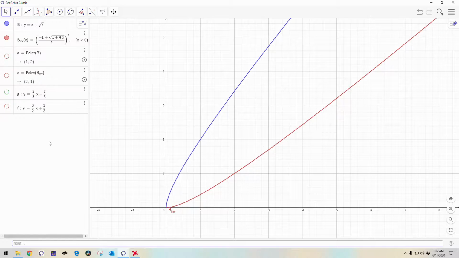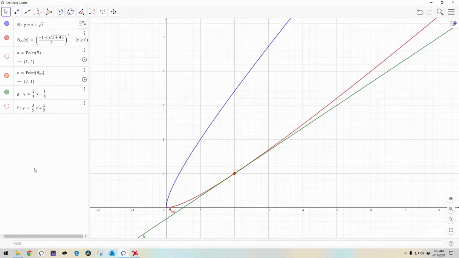Now, of course, the point we talked about was we wanted the derivative of the inverse function when x is 2. So that's this point right here. I would like to know the derivative at that point. And what we calculated was 2/3. So notice the tangent line that I graph right here is in fact tangent, and it does have a slope of 2/3.